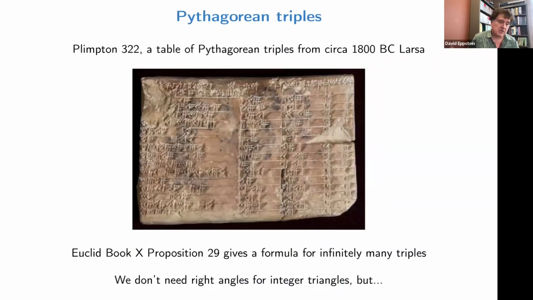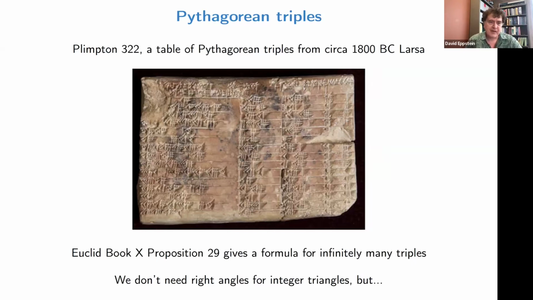Now, if you want to go to two-dimensional point sets with integer distances from each other, again, it's easy if you just want a finite number of points. For instance, any three integer distances, as long as they satisfy the triangle inequality, will be enough to define an integer triangle, 3 points at integer distances from each other.